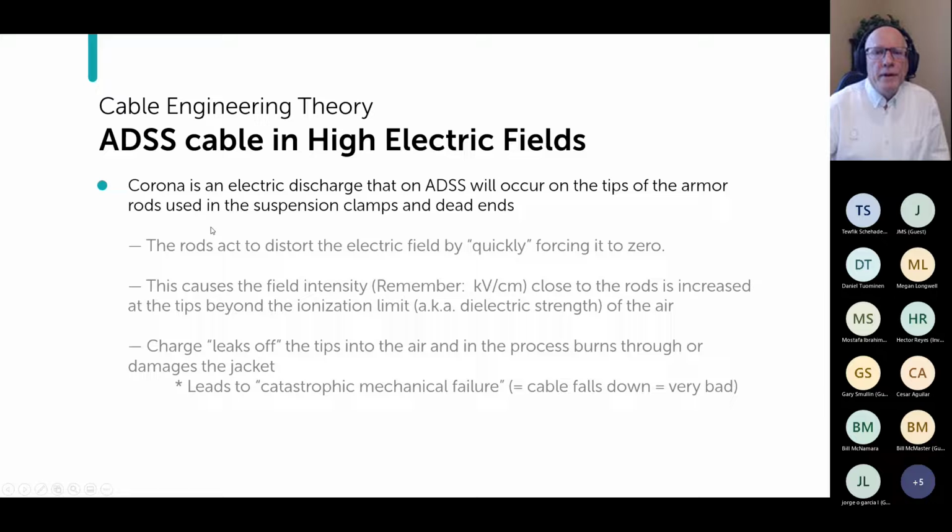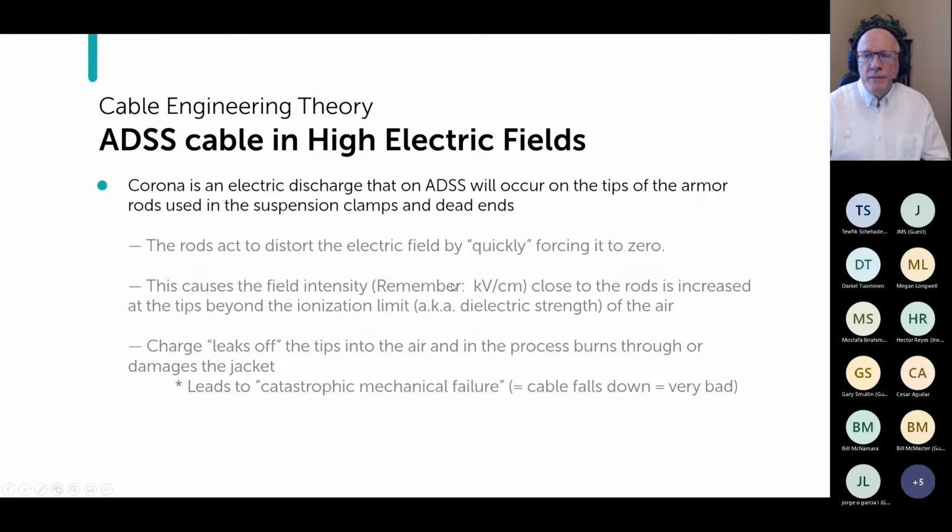So what is corona? Corona is an electric discharge on an ADSS cable. It occurs at the tips of the armor rods that are used with the suspension clamps or dead ends. Effectively, what's going on there is that the rods are acting to distort the field by quickly forcing it to zero. This causes the field intensity to shoot up.